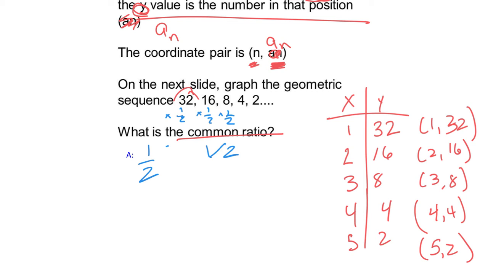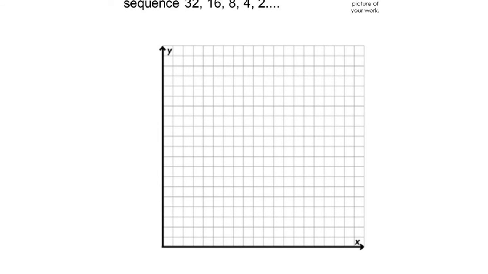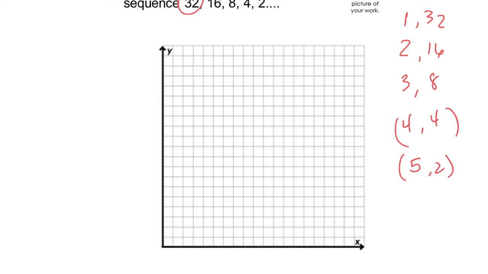Okay, now my next slide, I am going to graph these, so I'm keeping them somewhere on a piece of paper or something so I don't keep going back and forth. Oh, I wrote down the numbers again, so I didn't have to worry about that. All right, so let's see here. My largest number on my y is a 32, so I'm going to count by 4s.